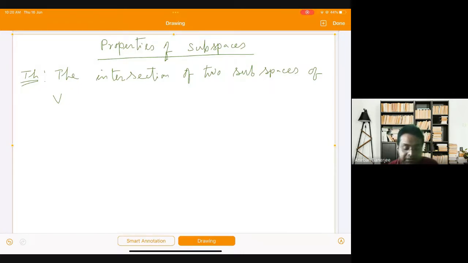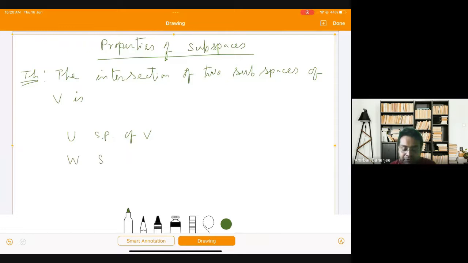Okay, V. So if we take the intersection, let's say that you have two subspaces. U is a subspace of V. W is a subspace of V. Then the question is, what about if you take the intersection? Will that be a subspace of V or not?